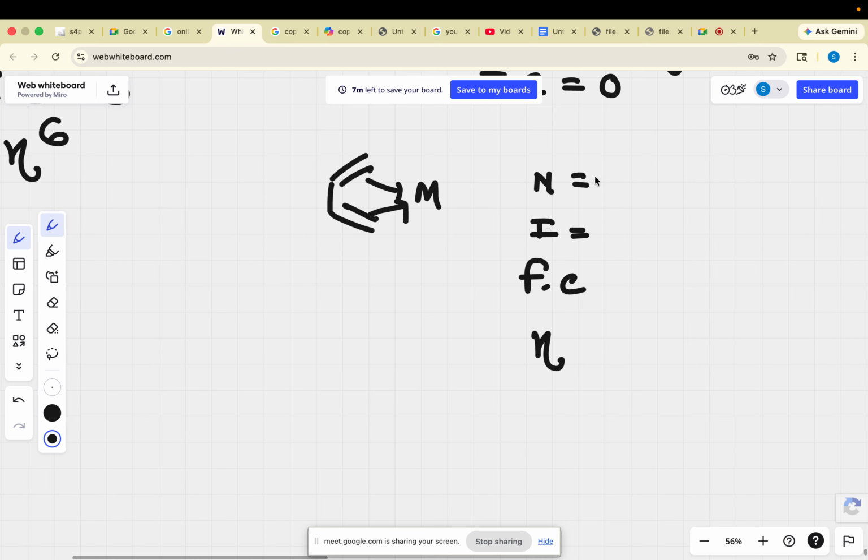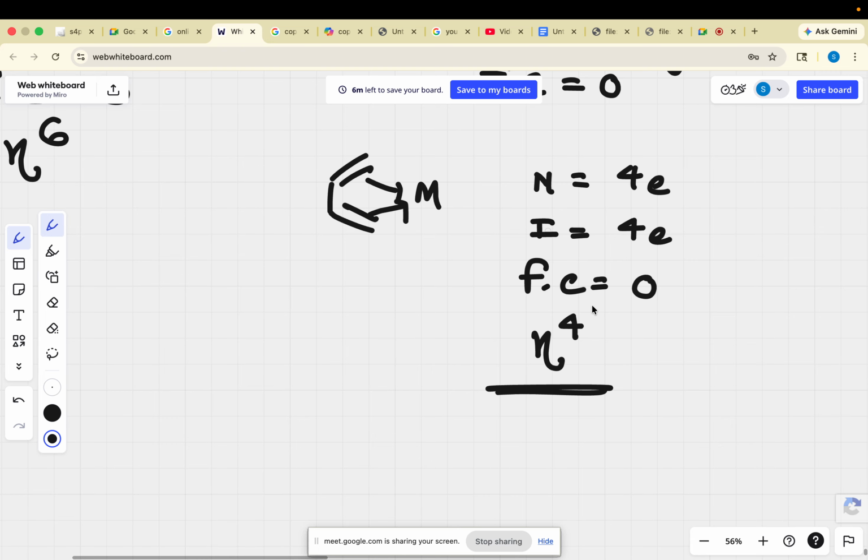How many electrons is it donating by the neutral method? 4 electrons in neutral, 4 electrons also in ionic, formal charge will be 0 and eta value will be 4. Okay, that's it.